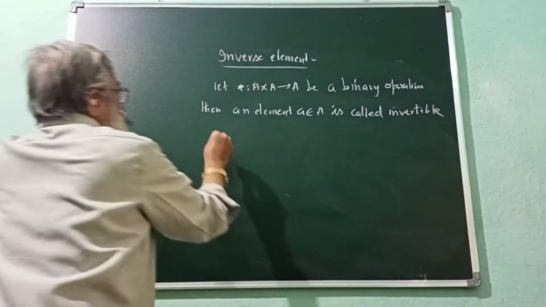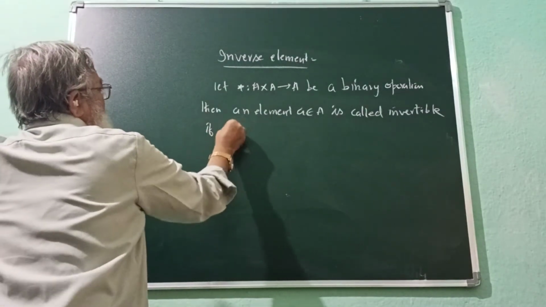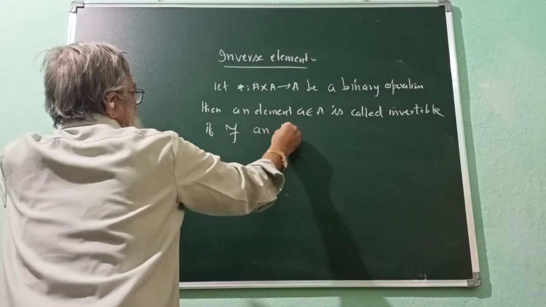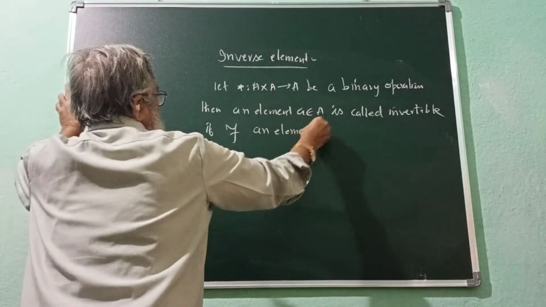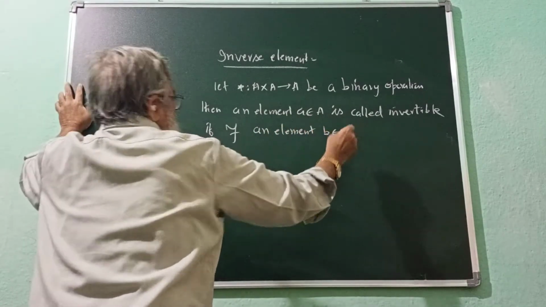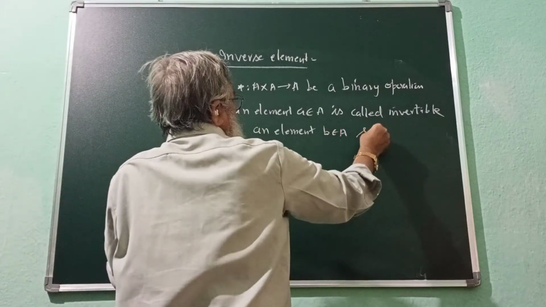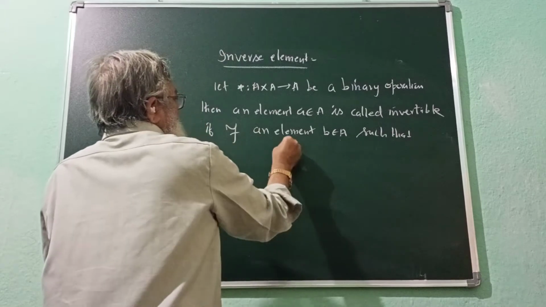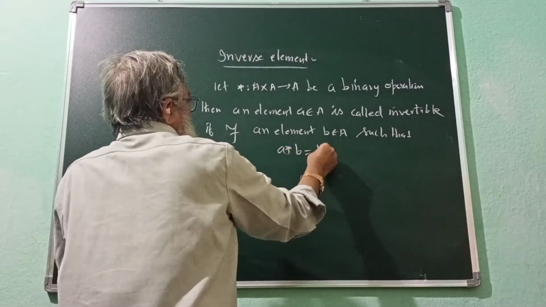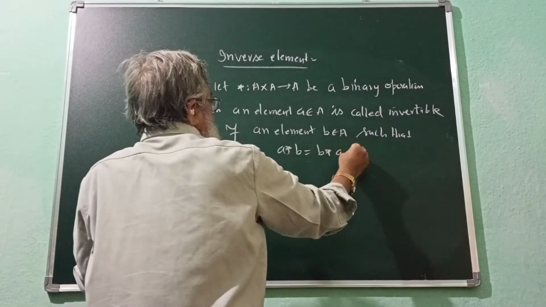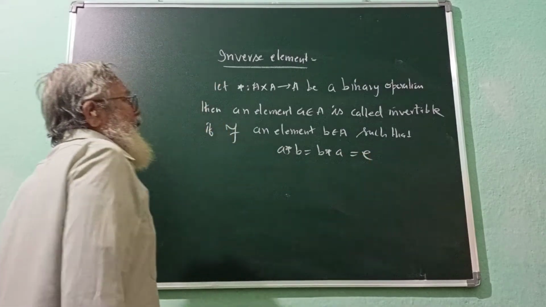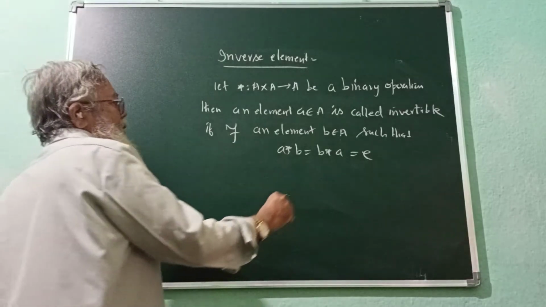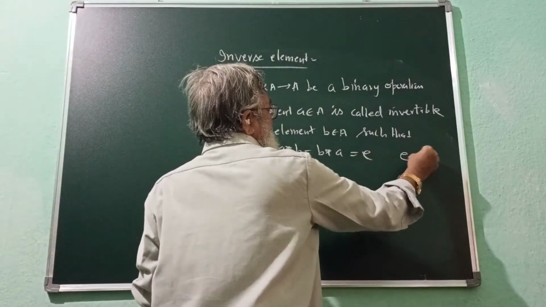if there exists an element b belonging to A such that a star b or b star a is equal to e, where e is the identity element.